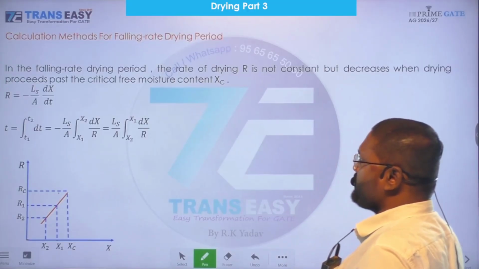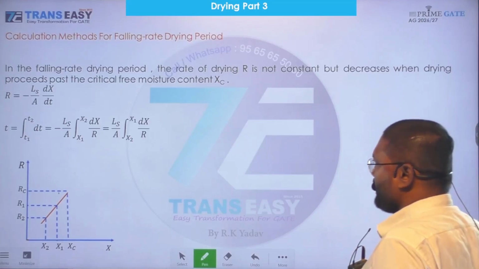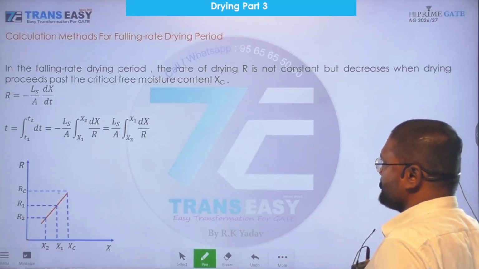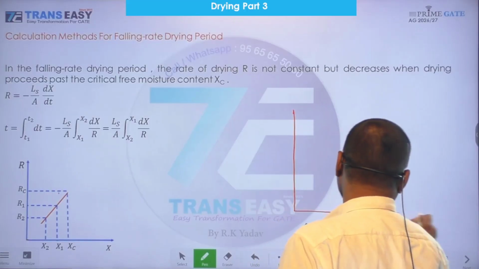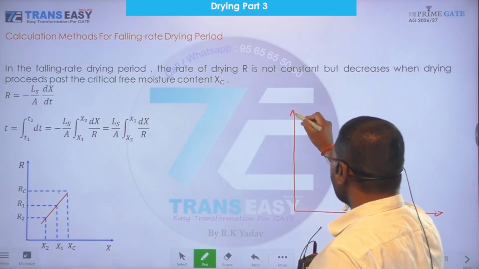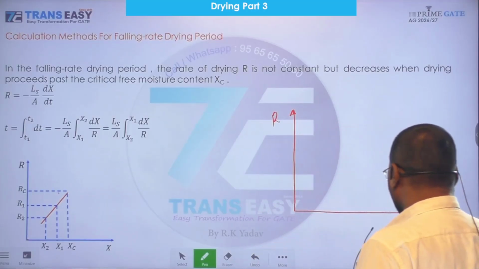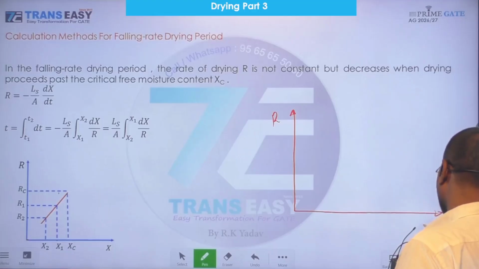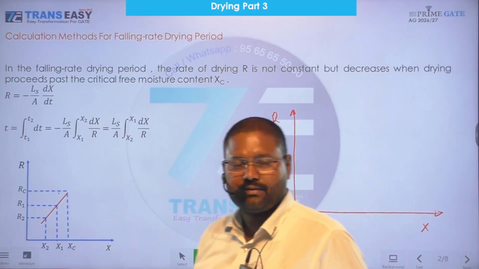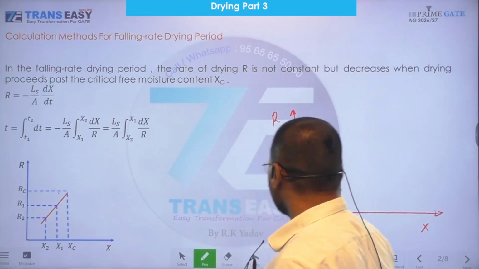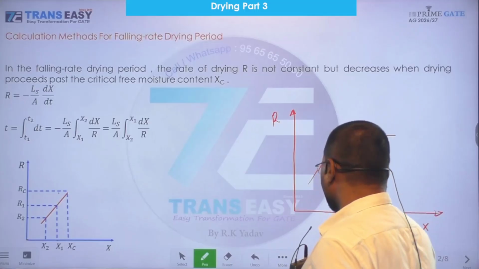In the falling rate drying period, the rate of drying R is not constant but decreases when drying proceeds past the critical free moisture content Xc. On this axis we have the rate of drying and here free moisture content. Constant rate drying period and then falling rate drying period.